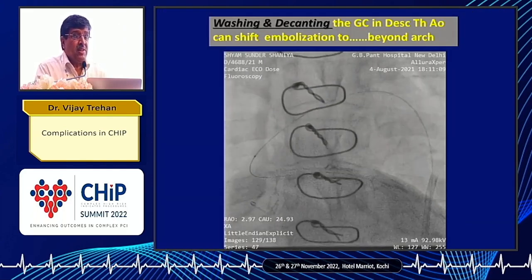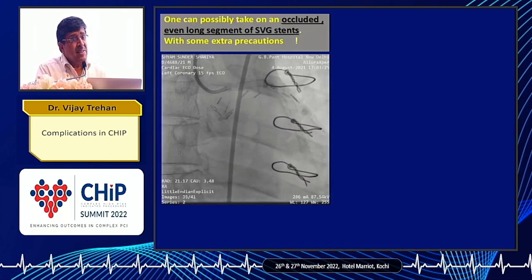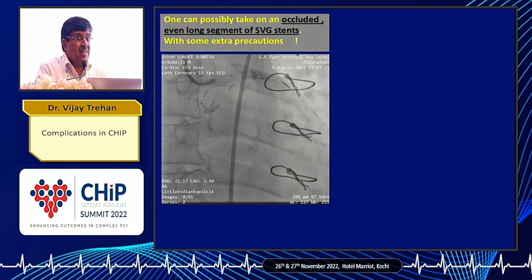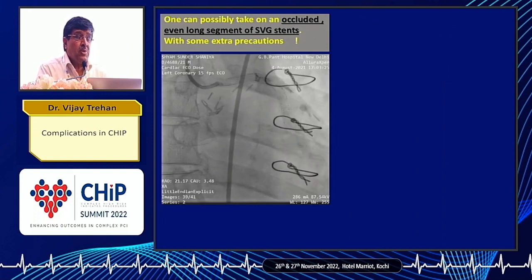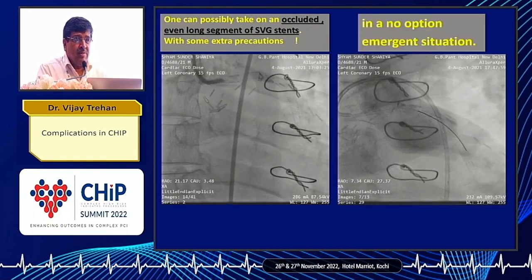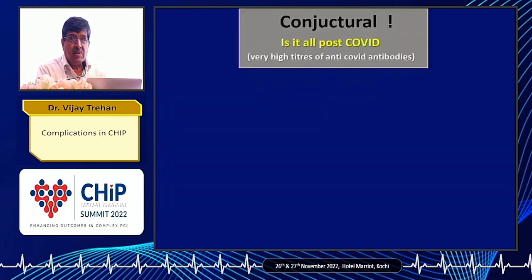And needless to say, if you wash and decant your guiding catheter, even if you push something out of your guiding catheter, you shift the embolization distally beyond the arch, which was done in this case. So I think if you take some precautions, then maybe in some special situations like this, you can take on an occluded vein graft with a large chunk of thrombus by the methodology which was done in this case.